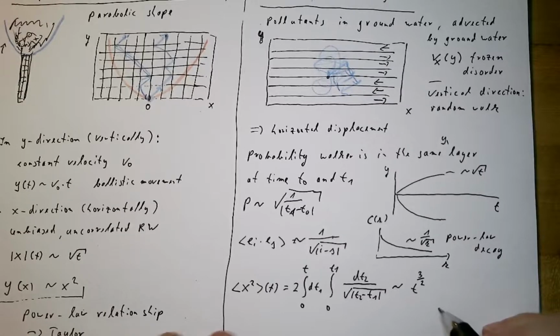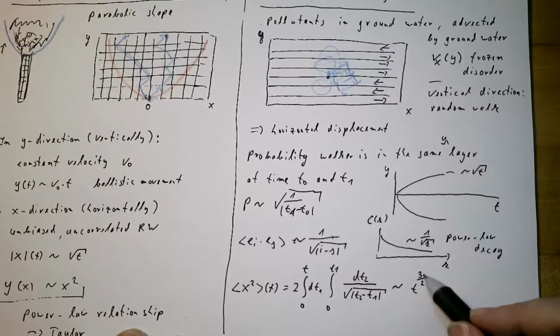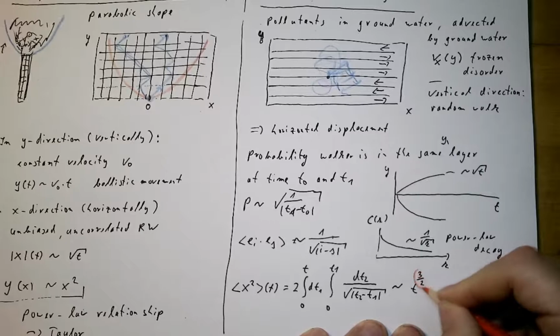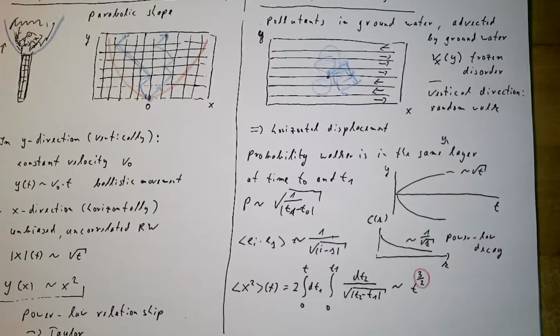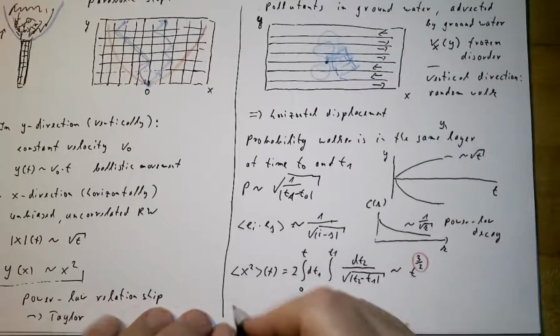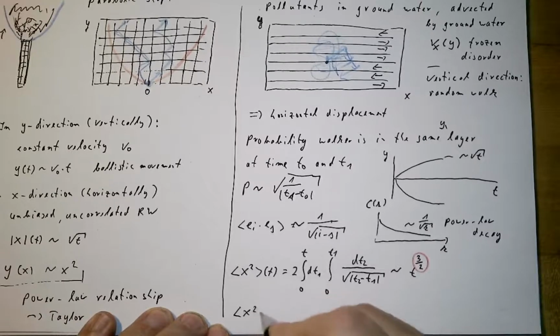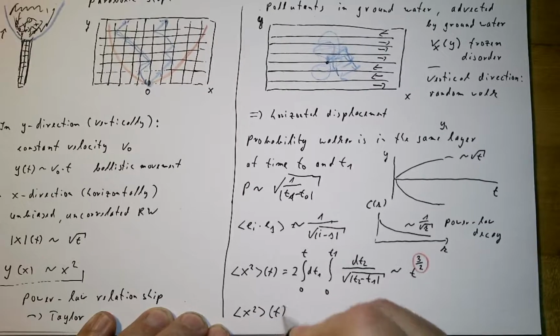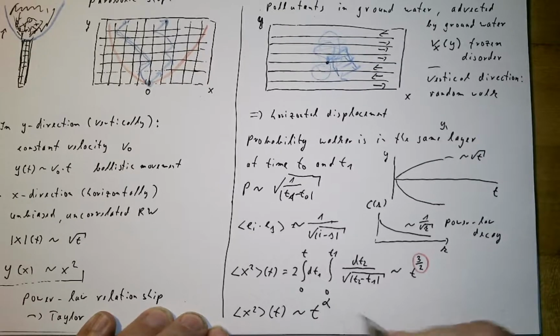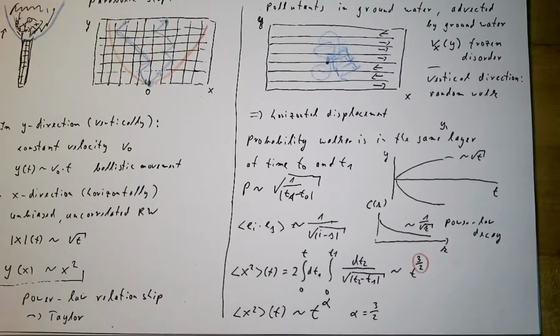So this means here we have a behavior where the mean square displacement, so the second moment as a function of time, doesn't go linearly with t, but t to an exponent which is larger than 1. So we see that the typical position of the walker goes proportional to t to an exponent alpha, and alpha equals 3 over 2.